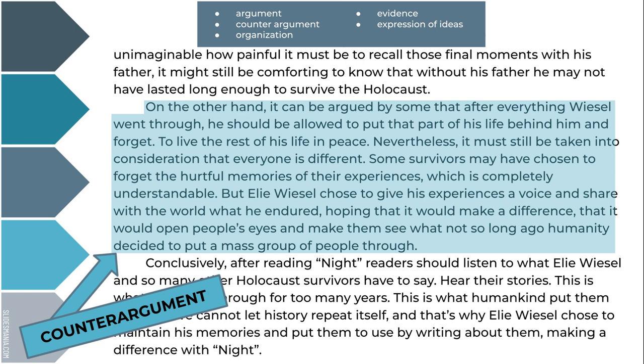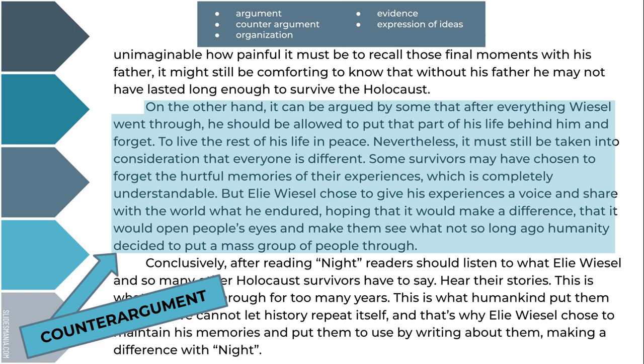And even if we consider expression of ideas, is it clear and effective? I don't know about you, but I had no problem following along and understanding what this writer was attempting to say. It flowed nicely. I thought word choice was just fantastic, and it made a clear picture in my mind.